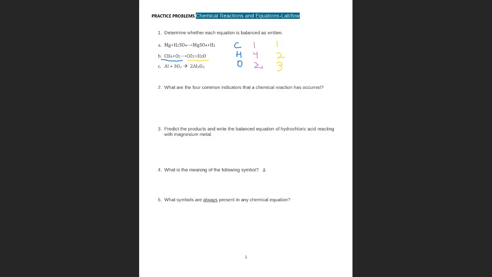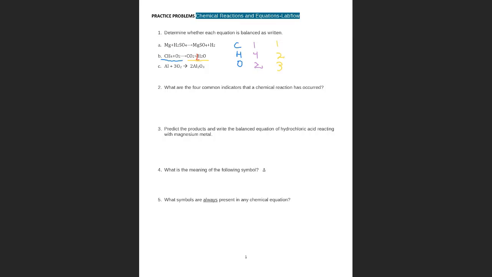The first thing I will do is to add a big coefficient 2 here. If I do that, I have to correct everything that is affected after the 2, which is the water.